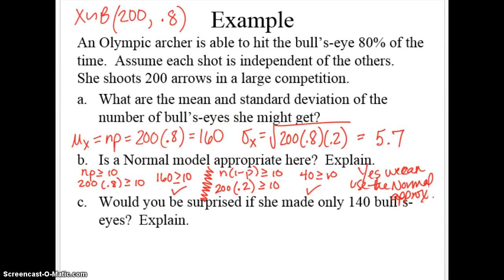So now we're saying that X could also be normally distributed with a mean of 160 and a standard deviation of 5.7. So would we be surprised if she made only 140 bullseyes?